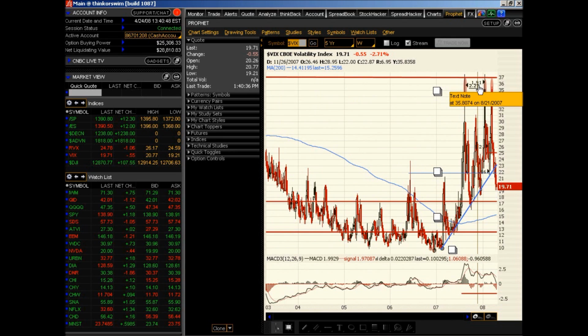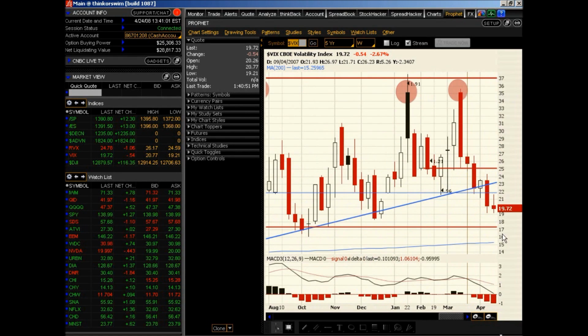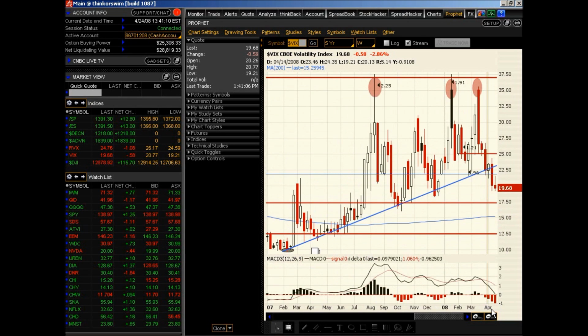Many more people were buying puts at these points than ever before. Now we've gotten to the point where volatility has come down from approximately the 36 level down to the 19 level. That's a dramatic decline in the volatility levels over the last few months.